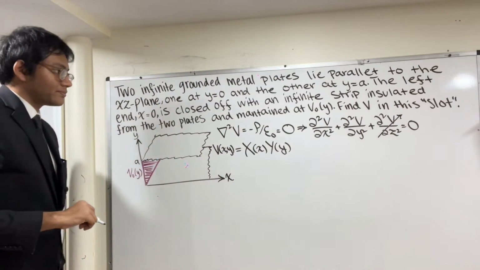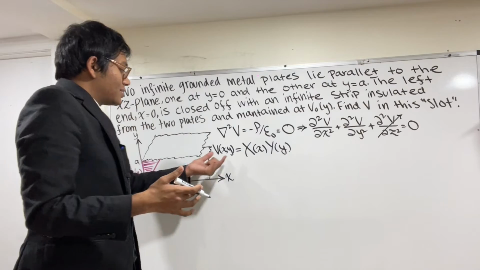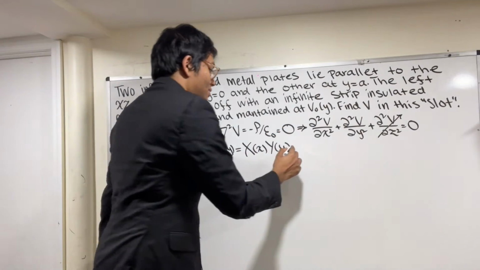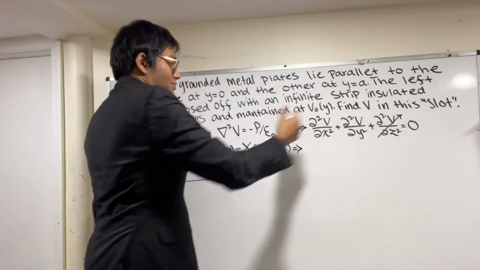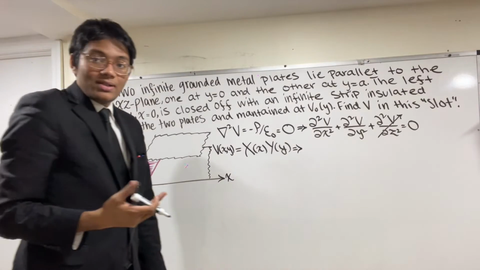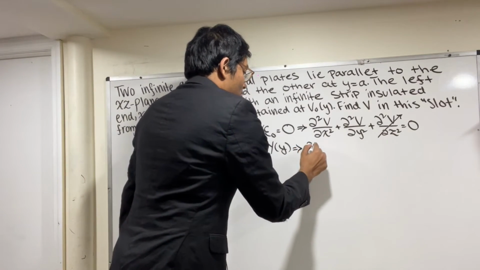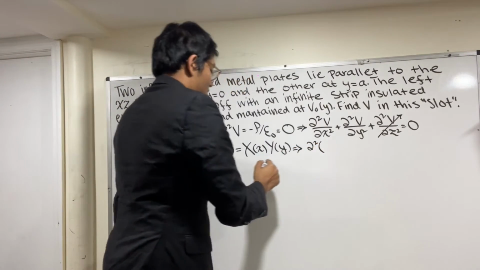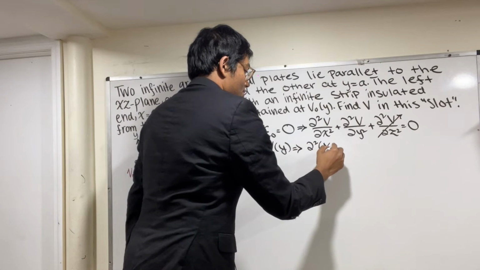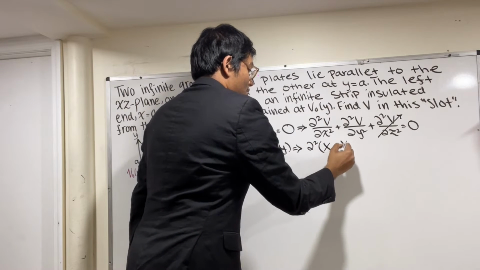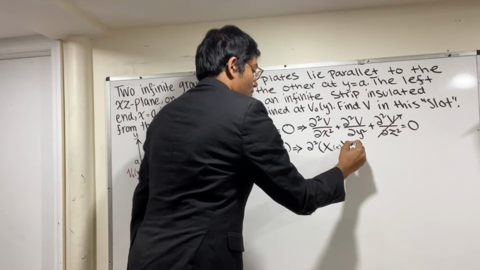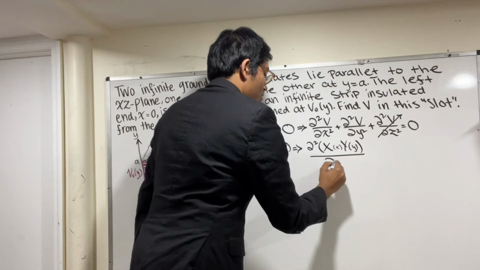Okay, good. Now all we have to do is plug this potential into the Laplace equation and see what pops out. So we'll have the second partial of capital X of x times capital Y of y with respect to x, plus the second partial of capital X of x times capital Y of y with respect to y, and this is equal to 0.